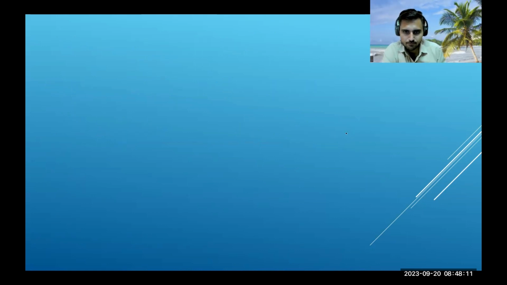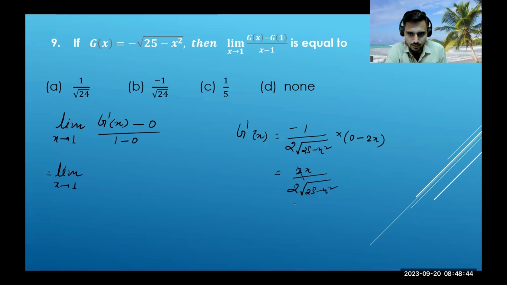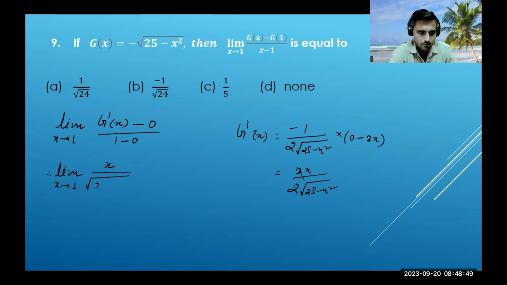So we have 25, which is just constant, so it will become 0, and minus x square, differentiation of x square is 2x, right? So we'll write here 0 minus 2x, and minus minus plus, so 2x upon 2 square root of 25 minus x square. So the 2s cancel, so we'll write here x upon square root of 25 minus x square, right?